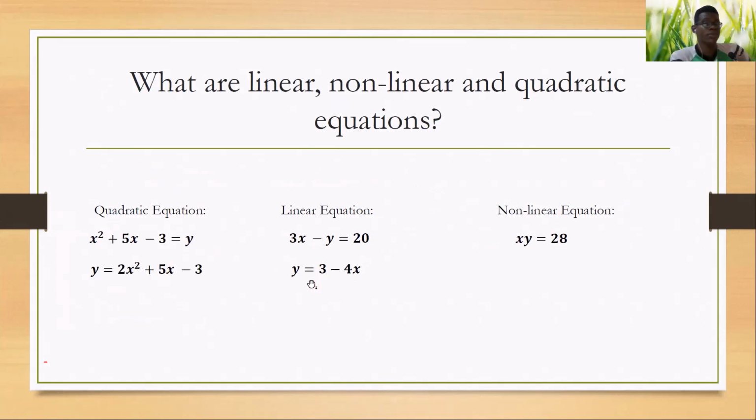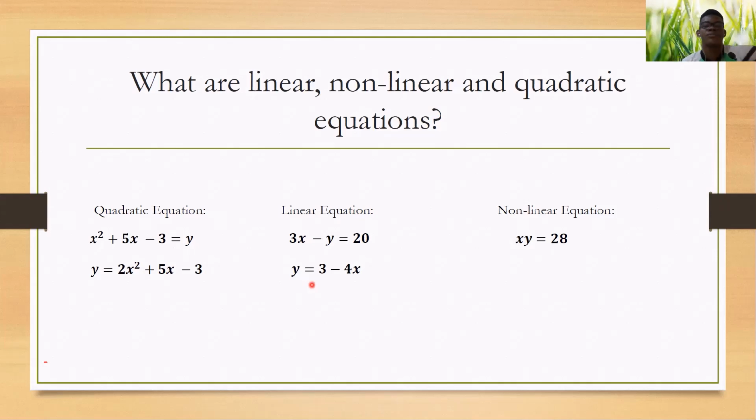The easiest way to identify them, I'll try to point out those points, but they're best explained with examples, and I'll give you some points as well. So quadratic equations, good.